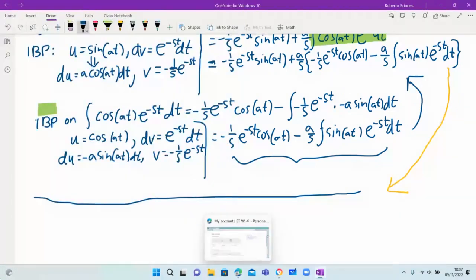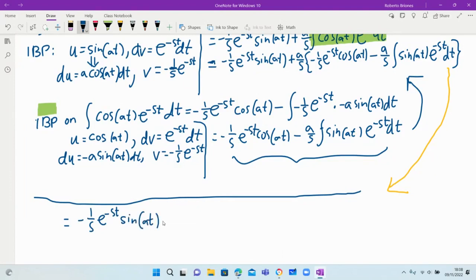So this becomes equal to the following. So this is negative 1 over S e to the negative st sine of AT, and then I can actually distribute A over S. So you see the A over S here to the terms inside, so that what we get is the following.